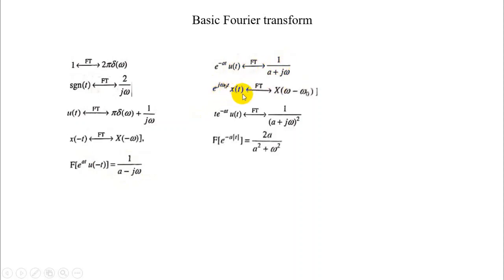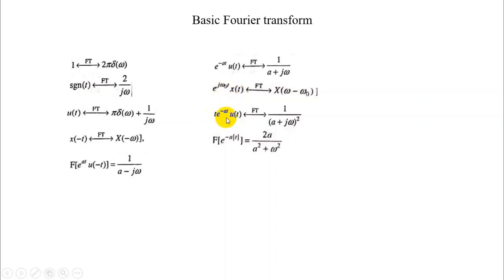For e to the power j omega naught t, as we have discussed in the properties, what would be the Fourier transform of that? Simply, if we have the Fourier transform of x(t) is X(omega), then for this case, X(omega) should be replaced by X(omega minus omega naught), and omega naught can be found from that part.